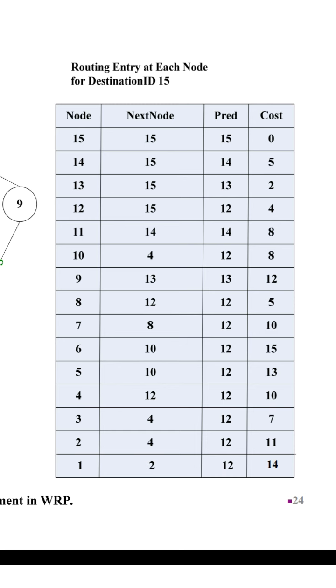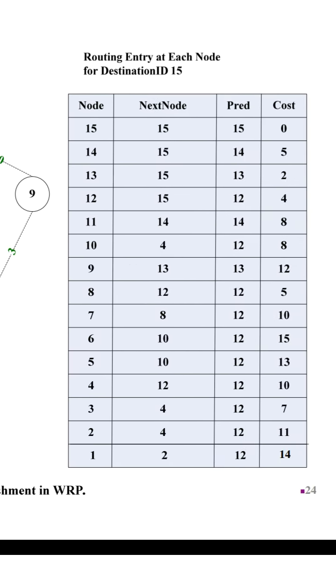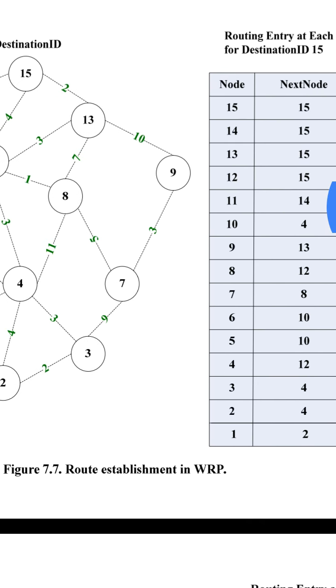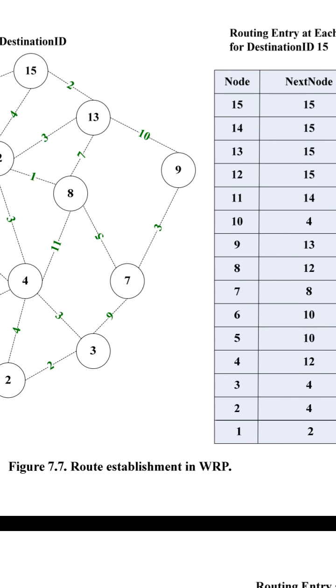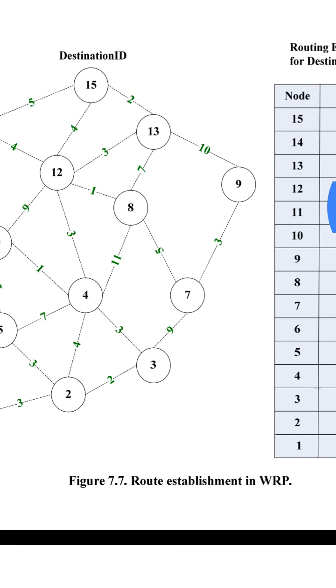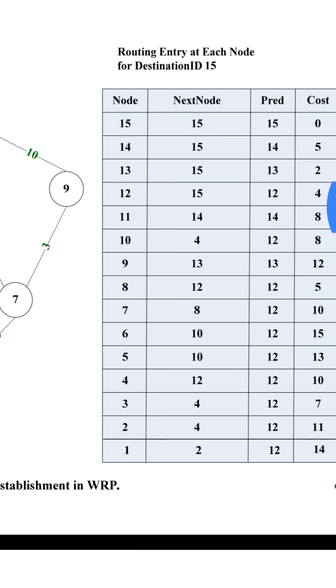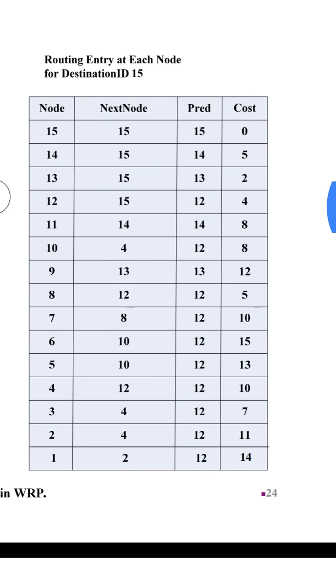The node is 15. For 15 to 15, the next node is 15, the predecessor is 15, and the cost is 0. Suppose we want to reach node 14 from node 15. Node 14 is adjacent to node 15, so the next node is 15, the predecessor is 14, and the cost is 5.